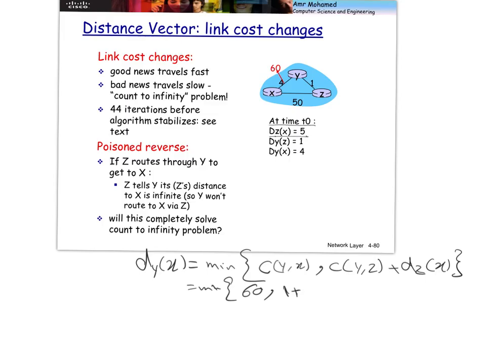This is what Z tells me: its distance to X is 5. So the new cost is 6. So Y now will have a new cost to X, which is 6, and it's through Z.